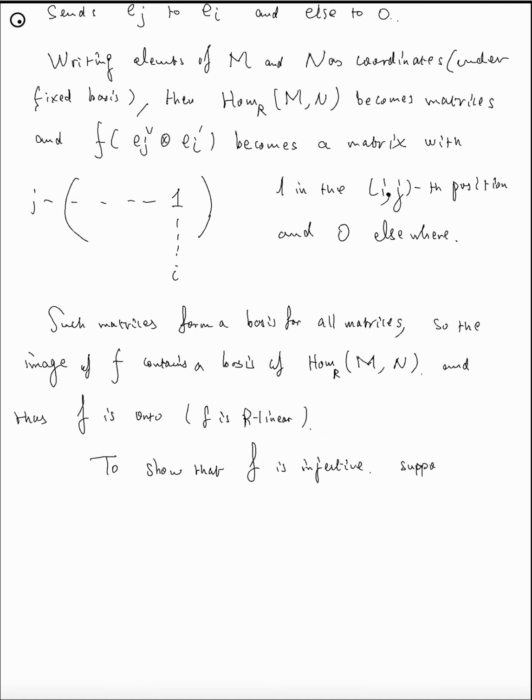Suppose our arbitrary element, written under the fixed basis, e_j dual tensor e_i prime, has coordinates c_ij, as an element of M dual tensor N as a free module.